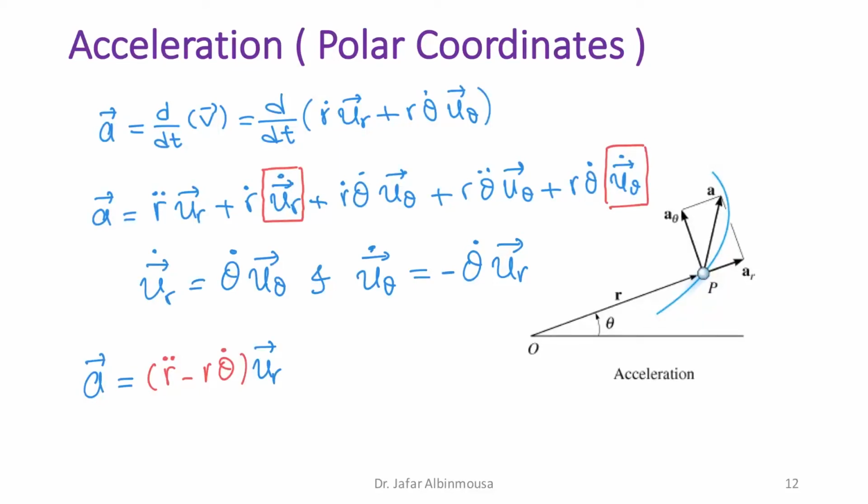This is the radial component of the acceleration. Plus, we have r theta double dot plus 2 r dot theta dot times u theta. This is the transverse component of the acceleration.